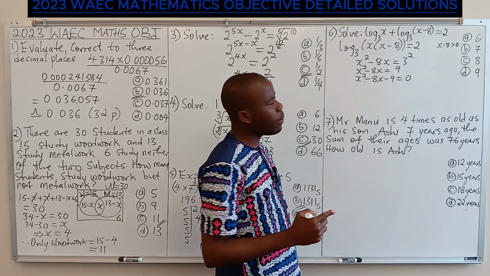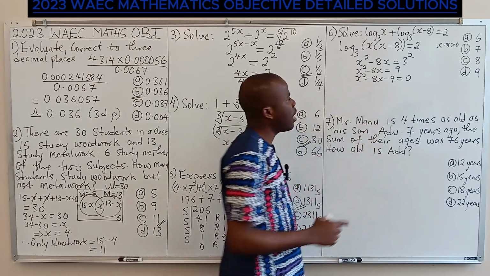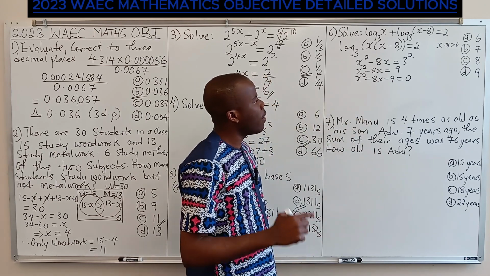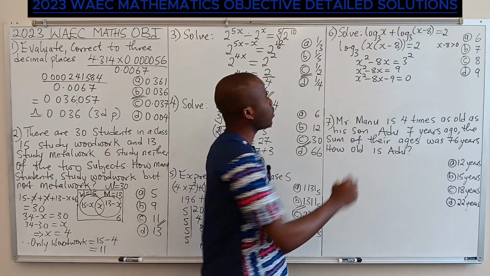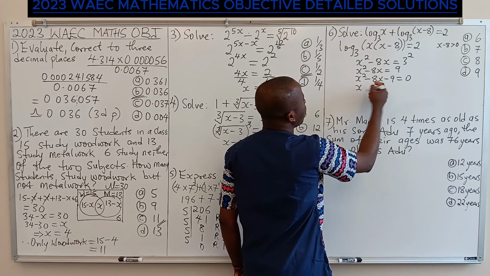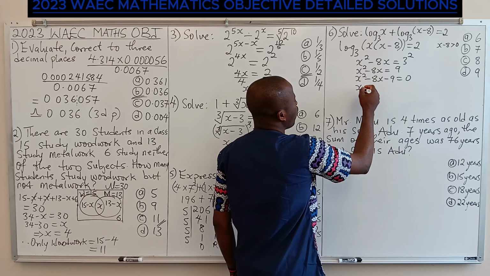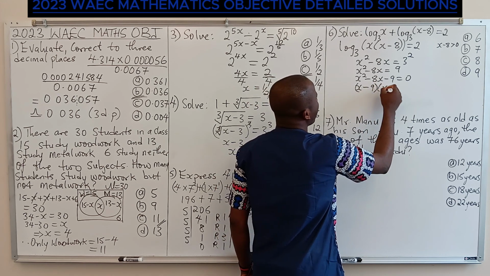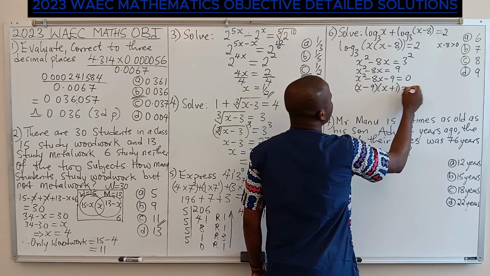Two numbers you can multiply to get minus 9, and when you add them together to get minus 8, will be minus 9 plus 1. So in place of minus 8x, to now put it in factorization form, it will be x minus 9, x plus 1 has to be equal to 0.